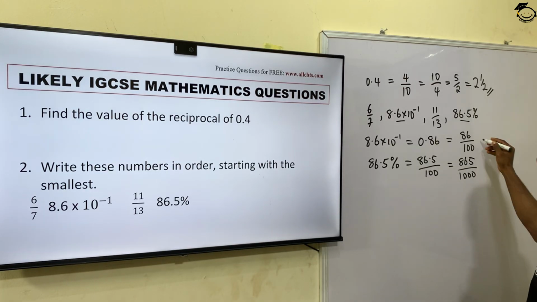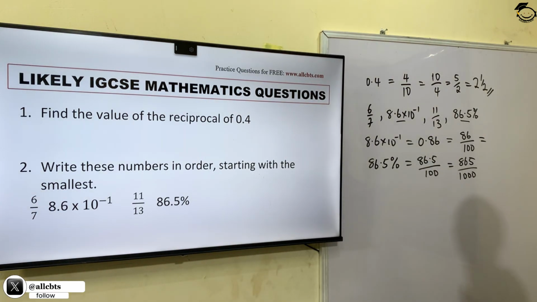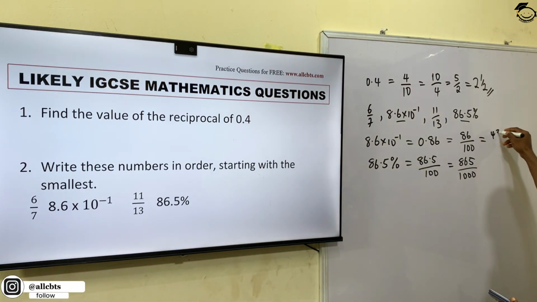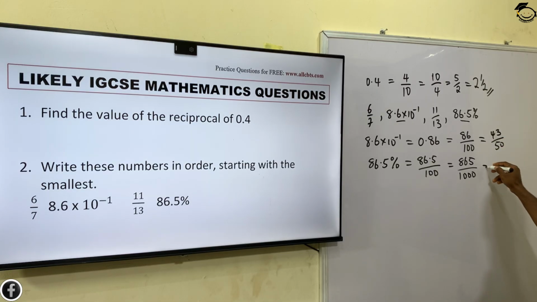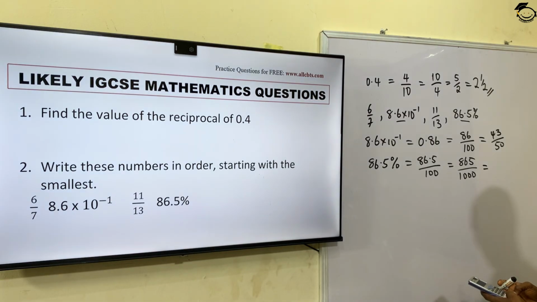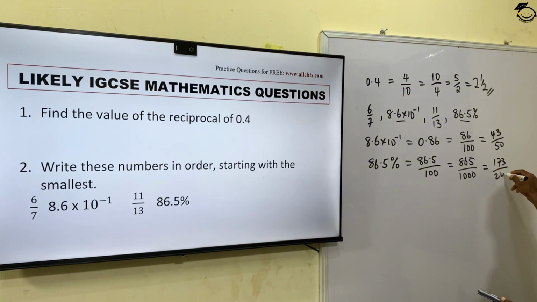We can break this down to its lowest terms. 86 over 100 divided by 2 gives us 43 over 50, and 865 over 1,000 divided by 5 gives us 173 over 200.